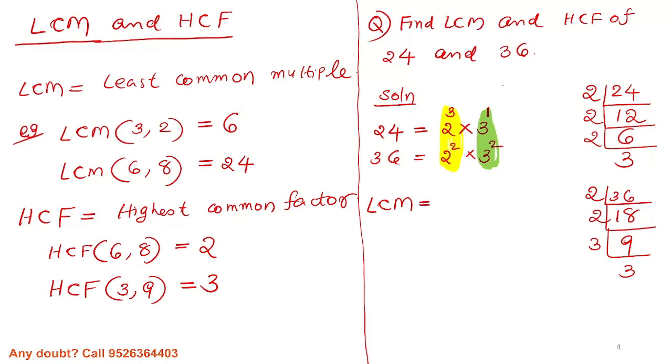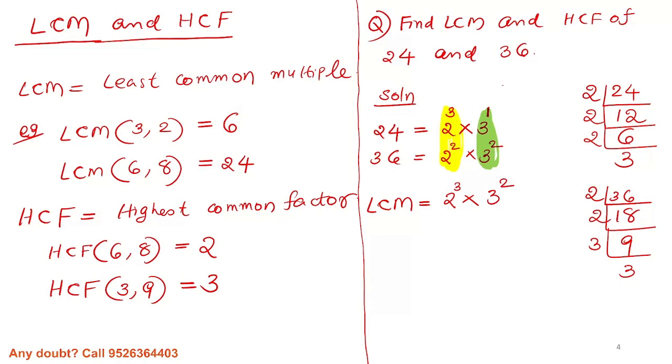LCM is equal to, look at this 2 cube and 2 square, which one is the greatest? To write LCM, you have to select the greatest number. Look at the vertically aligned numbers. 2 cube and 2 square, which one is greatest? 2 cube is greatest. 3 raised to 1 and 3 square, which one is greatest? 3 square is greatest.